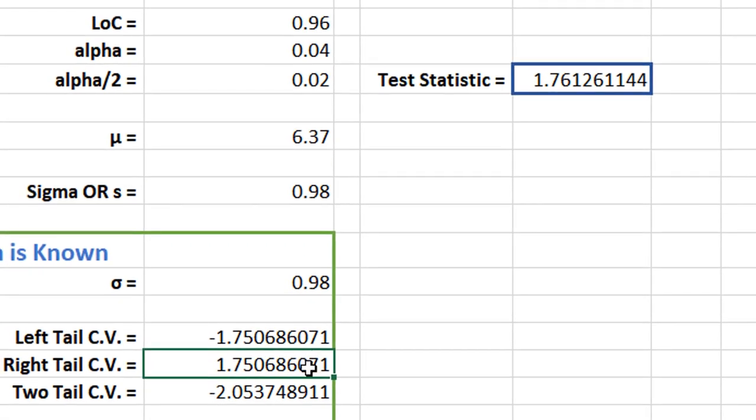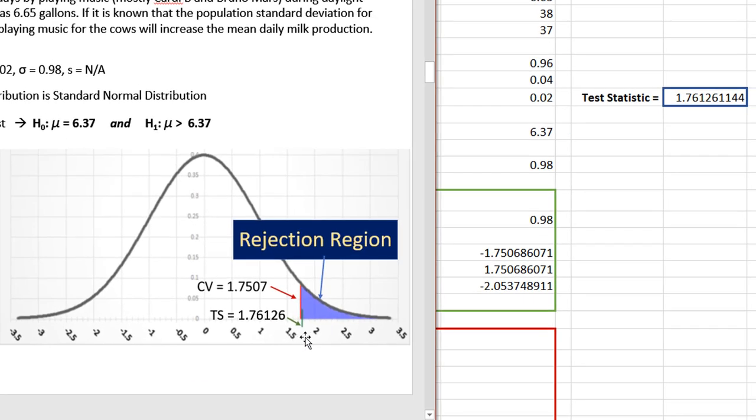Now, we compare this value to a right tail critical value, and let's take a look at the image that I have for this. As you can see right here, I have a critical value of 1.7507, and my test statistic is 1.76126, and those are the numbers right here and here.